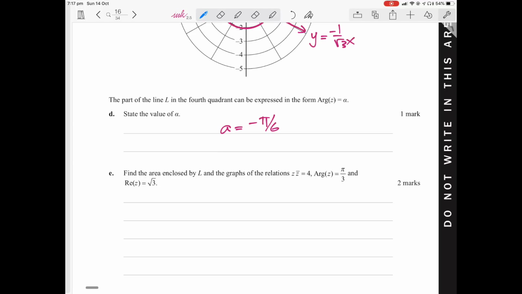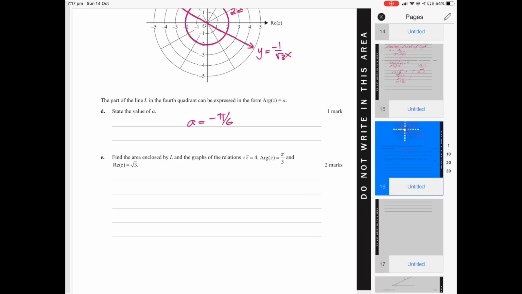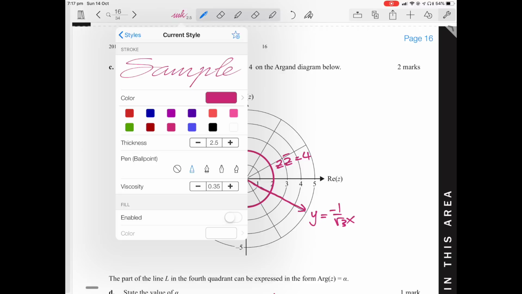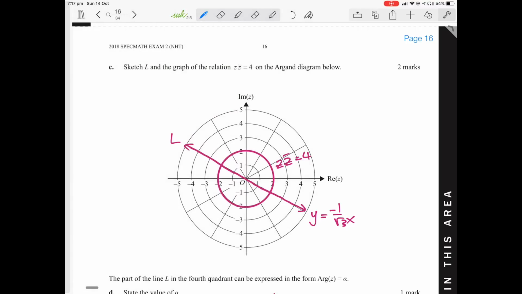Find an area enclosed by the graphs of L and the graphs with those relations. Okay, enclosed by L, the graphs of the relations z. Okay, so the circle and arg z equals pi on 3. I'm going to draw this in a different color so I can work out what they're talking about. So L, it's there.